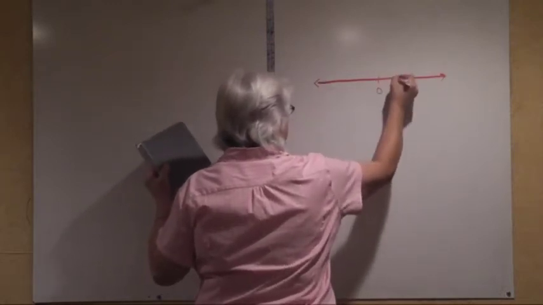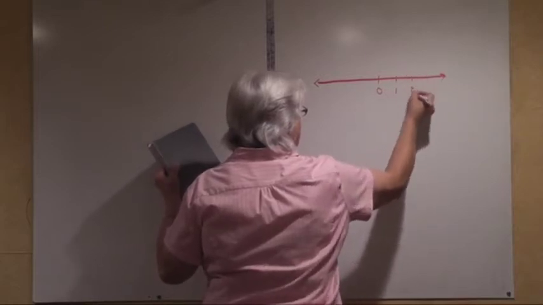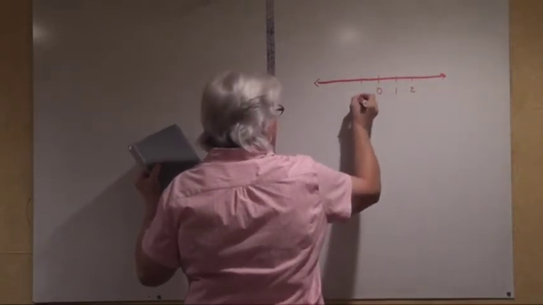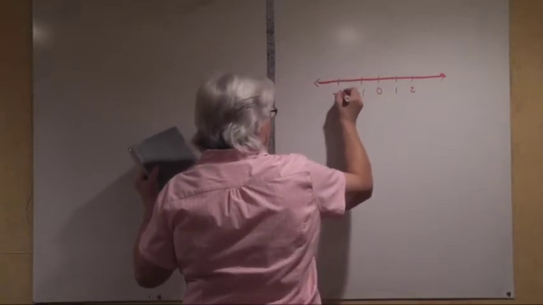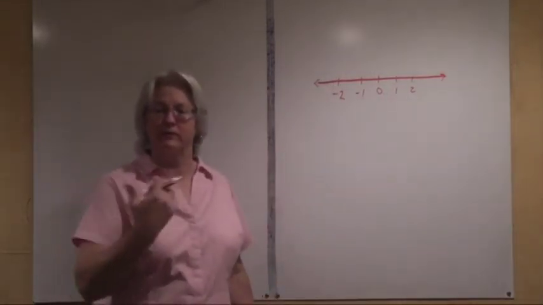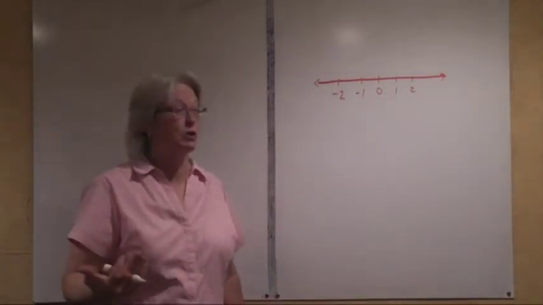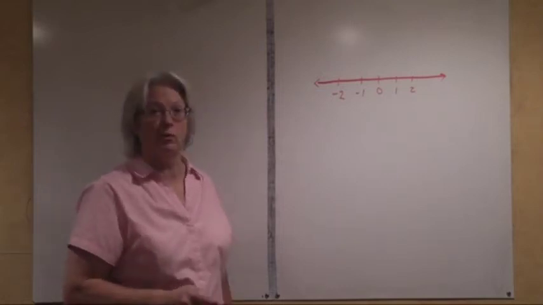I want you to be neat with your work. I'm sketching a number line and it's not straight, and I don't have the spacing exact, but I'm doing that to move quickly and show you what we're doing. I want you to take more care with your work.